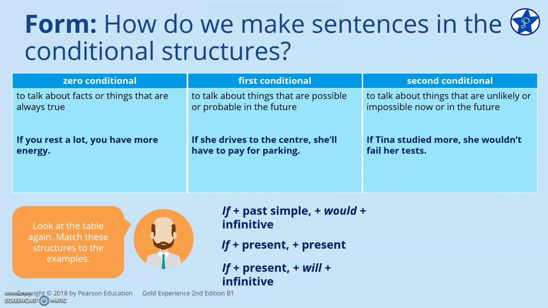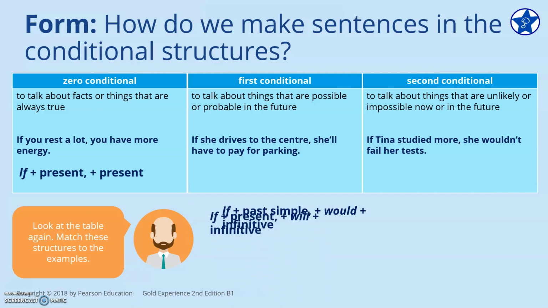Zero conditional, we've got if with present, there's always a comma there, and it's followed by present tense. In the first conditional, if is followed by present tense, then we've got our famous comma, will or future tense, and will is always followed by infinitive, so remember that.